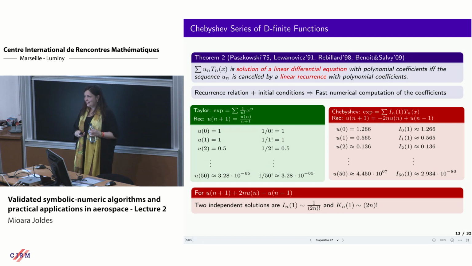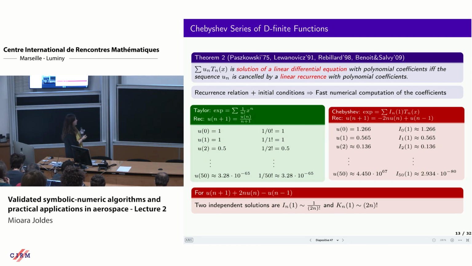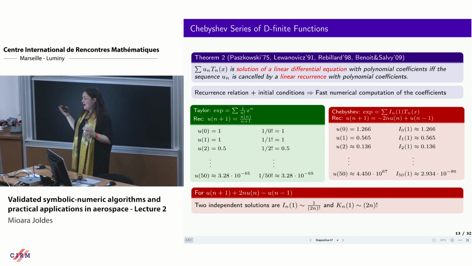Can you tell us what is the relation between I_n(1) and u_n in the recurrence relation that you write below? I_n(1) is exactly what should be the u_n.